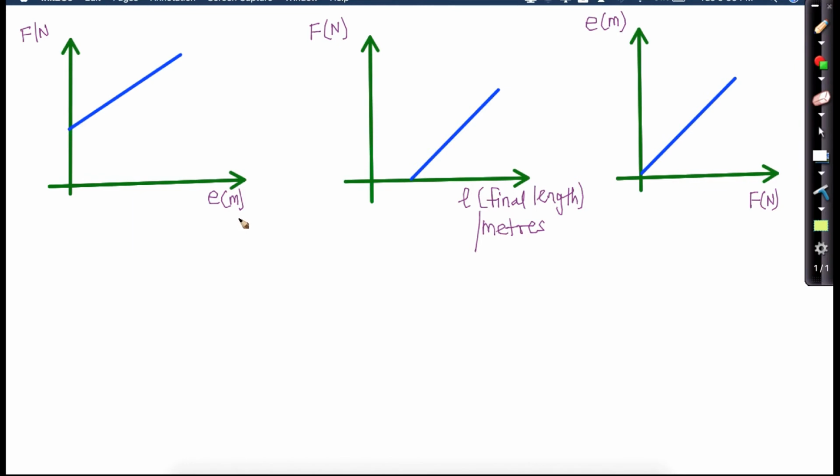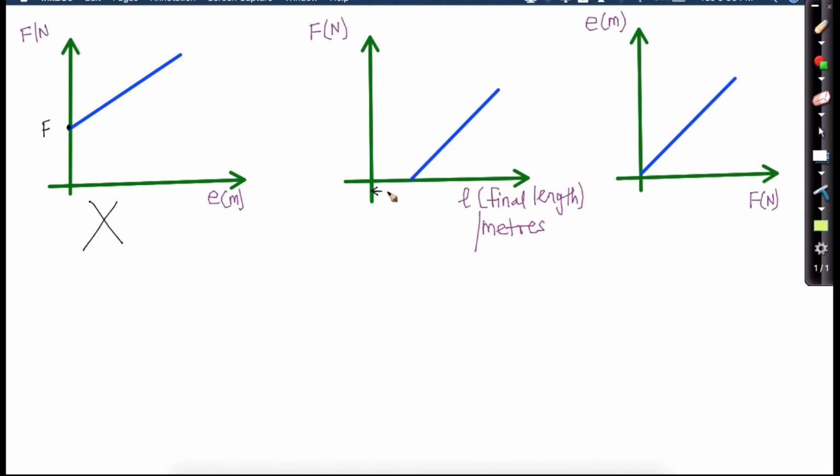So students, here, the first graph is not correct. Why? Because see, you're giving the force F and there is no extension. So according to Hooke's law, this graph is not making sense. Is this graph correct? Yes, this graph is correct. How come this graph is correct?